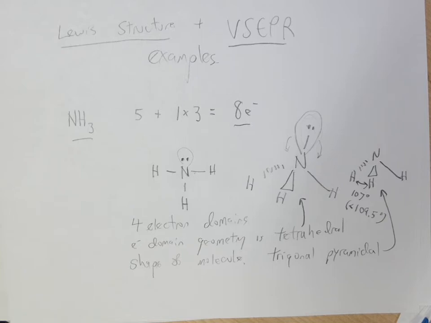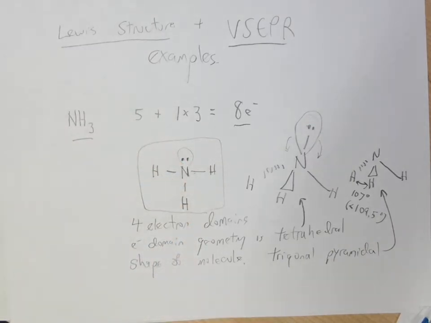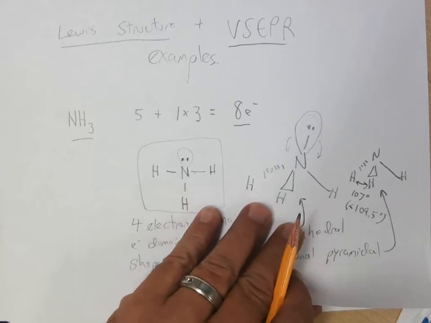So there's a little picture of the Lewis structure of ammonia. It is a 2-dimensional representation, and then when we visualize what it looks like in 3 dimensions, that's when we pull out the VSEPR and look at the electron domain geometry and shape. Okay, so let's do a couple more examples.